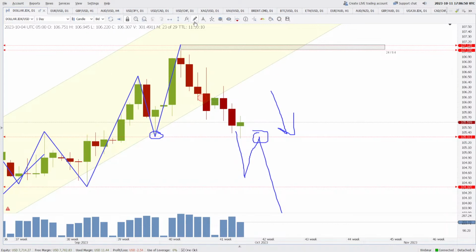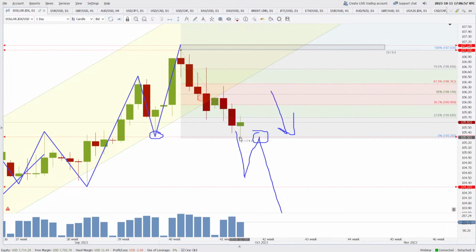So what we need to check is the Fibonacci retracement levels, the 50% discount level, that is 106.15, and 61% or 60%, 106.3. These areas should be an opportunity to short in this.